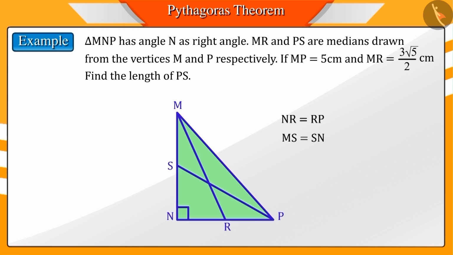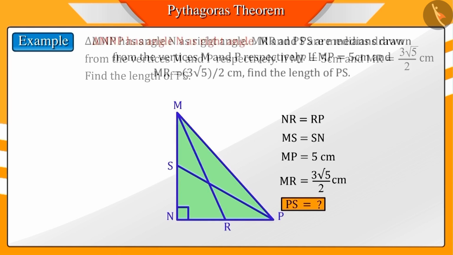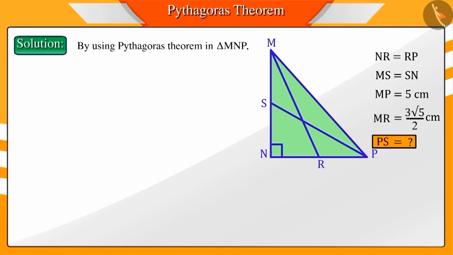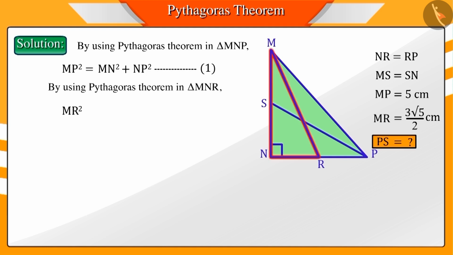Also, we know the measurements of the sides MP and MR. Because triangle MNP is right-angled at N, from the Pythagoras theorem, we can say that square of MP will be equal to the square of MN plus square of NP, denoted by equation 1. Similarly, in right-angled triangle MNR, square of MR will be equal to the square of MN plus square of NR.